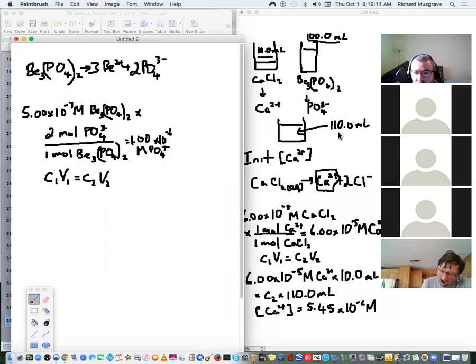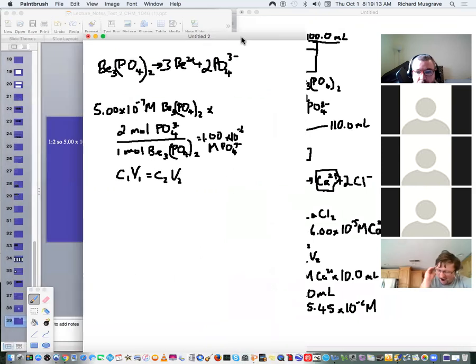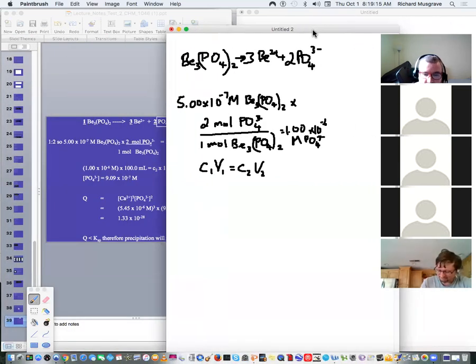We have to take account for the fact that we now have 110.0 mL in our volume. The concentration 1 is the concentration I just calculated, 1.00 times 10 to the negative 6 molar PO4 3 minus, times the volume which we initially have, which is 100.0 mL.